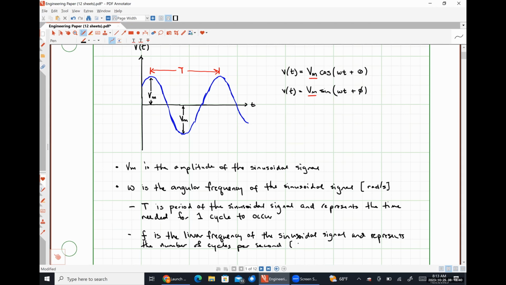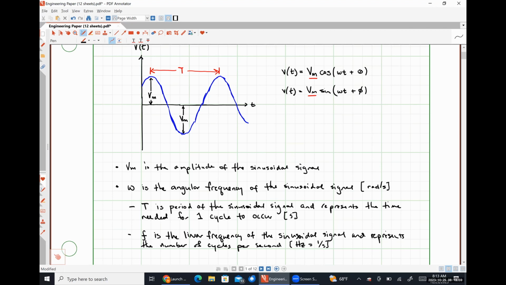So linear frequency is measured in hertz, where a hertz is just 1/a second. And our period T is typically measured in seconds because it's the amount of time that has elapsed.